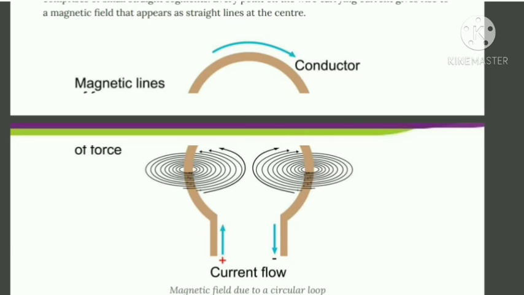Again, the same thing: when electric current is passed through this circular loop, at the upper end of the loop we will see the magnetic field in a circular manner.